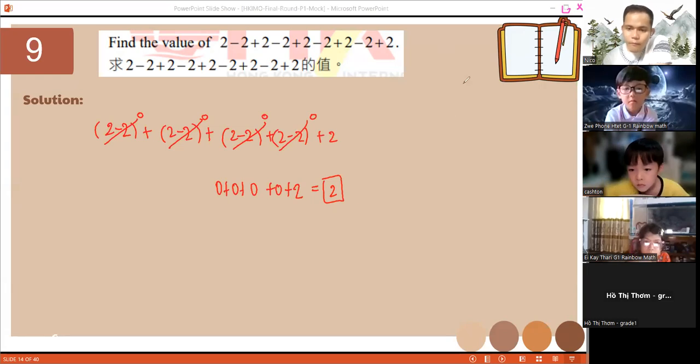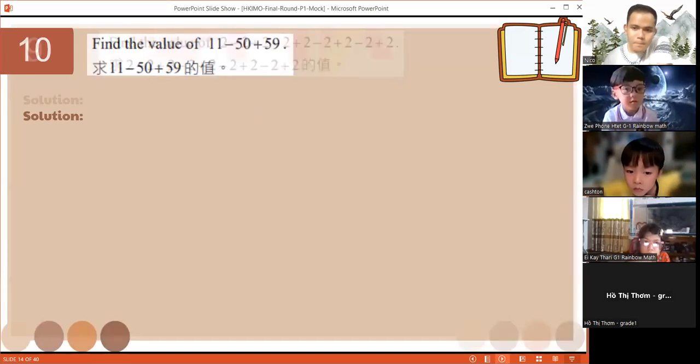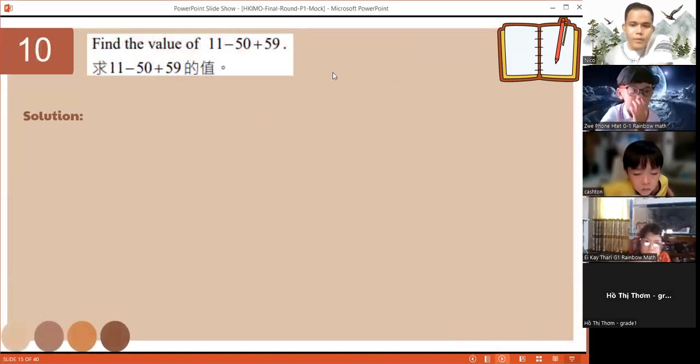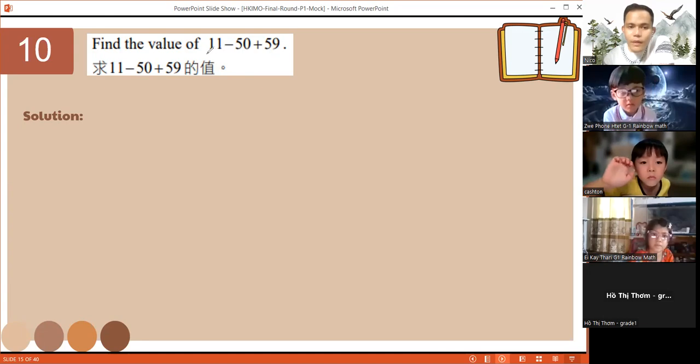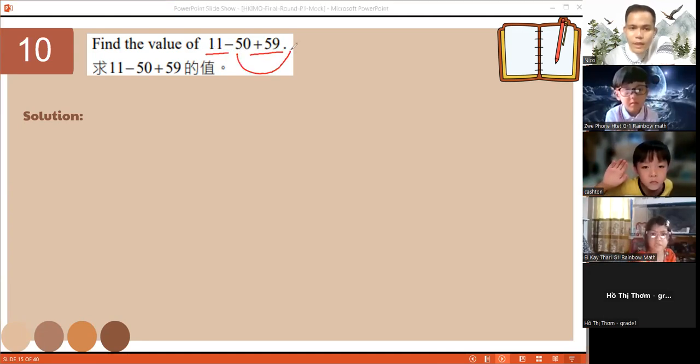Okay, so let's answer number 10. We have here 11 minus 50 plus 9. When it comes to this type of question, we rearrange first the plus and then you put the minus on the last part.